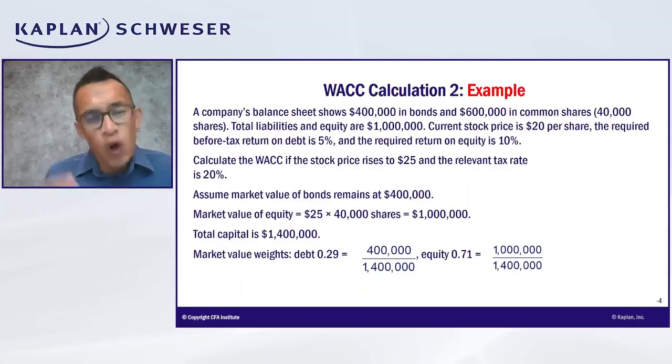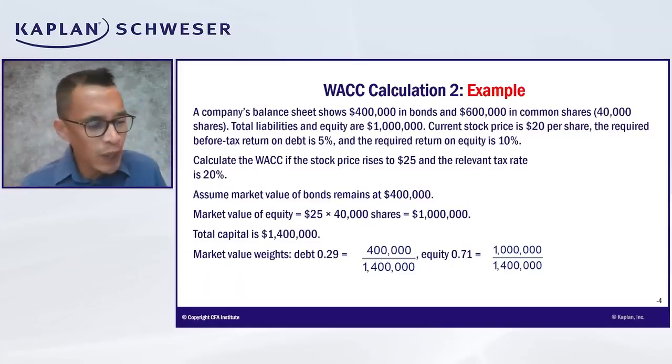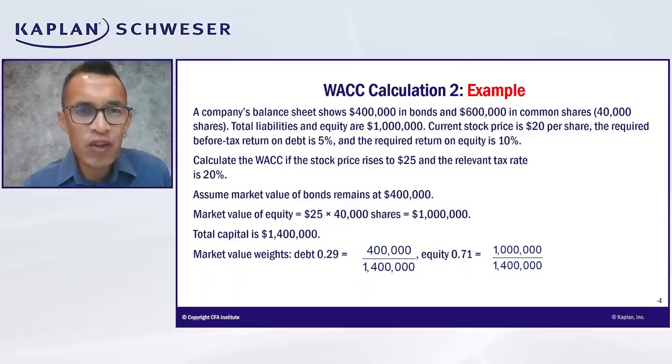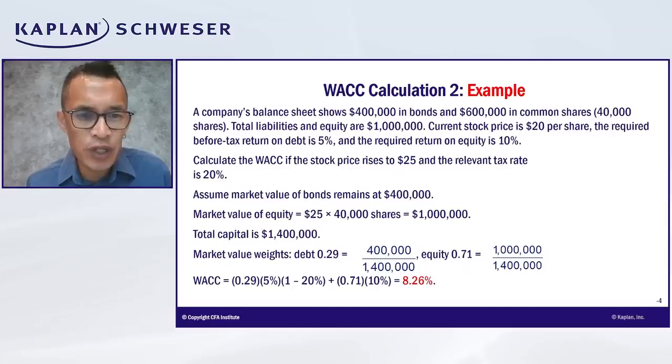Okay, so hopefully so far so good in this part of the calculation. We have the weights now. So let's put all of this together with the required rates of return. Okay. So here we go, and we're going to do this here for the debt and the equity. Again, make sure that for the debt, you take into account the tax rate of 20%.